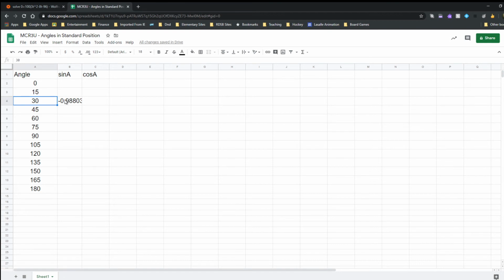How do I get the spreadsheet to give me 0.5 when I do the sine of 30? Well, if I click here, there is a function that allows the spreadsheet to understand that I need it to convert 30 into radians and then do the sine of that value.